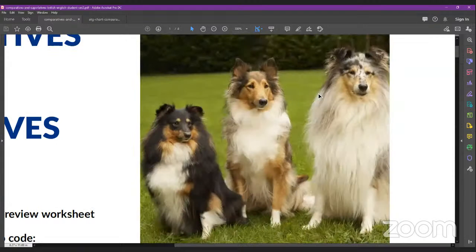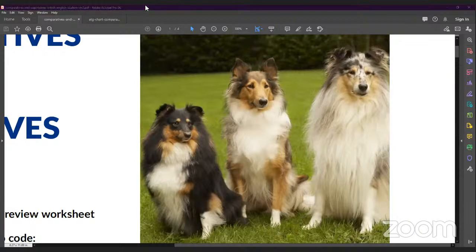What adjective can we use for these dogs? I can say fast. Fast is an adjective. So we can say fast dogs. Can you share another adjective for these dogs? Please, anyone can share another adjective for these dogs.